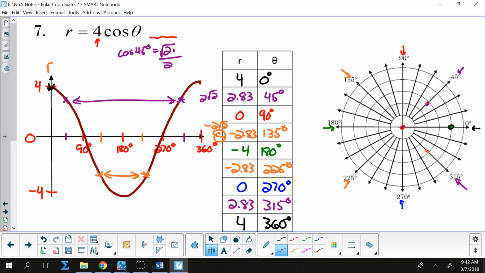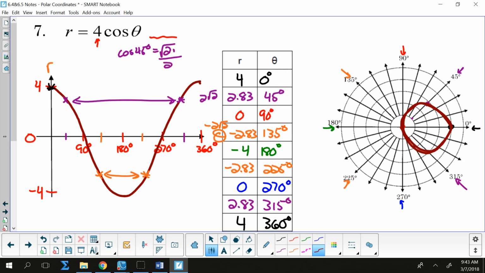So my graph here ends up looking like I'm going to start at 0. So I start there, and then I went to 2.83, and then I went to 0, and then I went to negative 2.83, and then I went to negative 4, which is back to there, and then I just went around a second time.